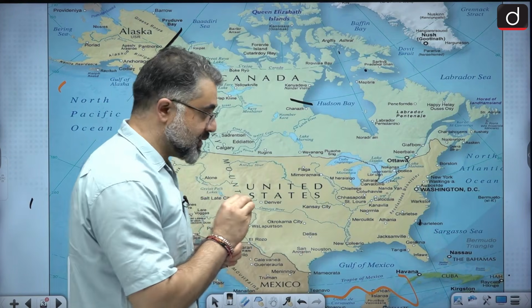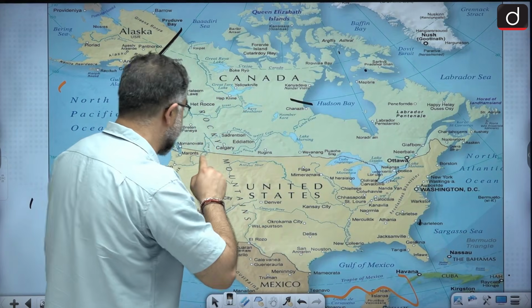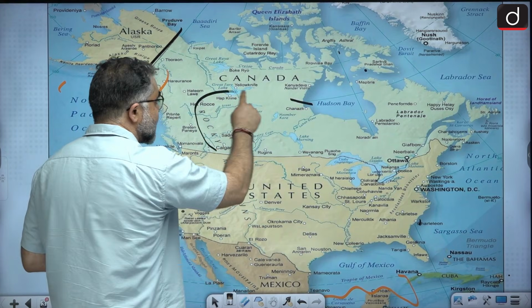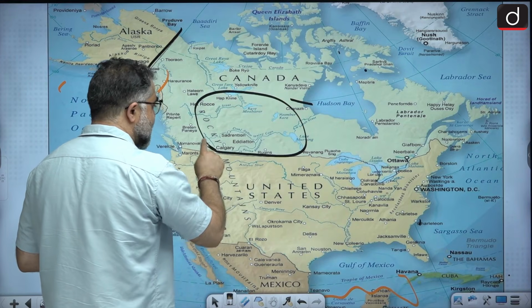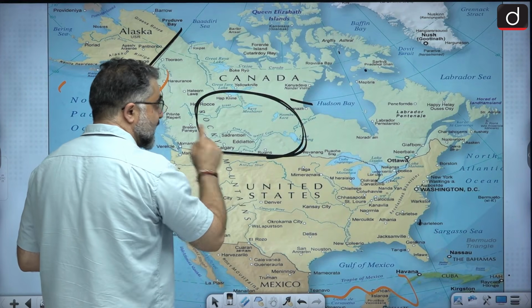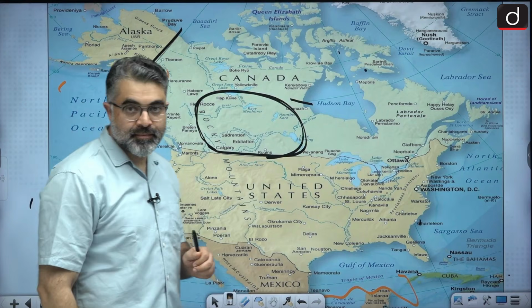Okay. Looking at this resource of Canada, if you see the economic activities, at the center of this country is the prairie regions, prairie grasslands, wherein it is known for agricultural activities.